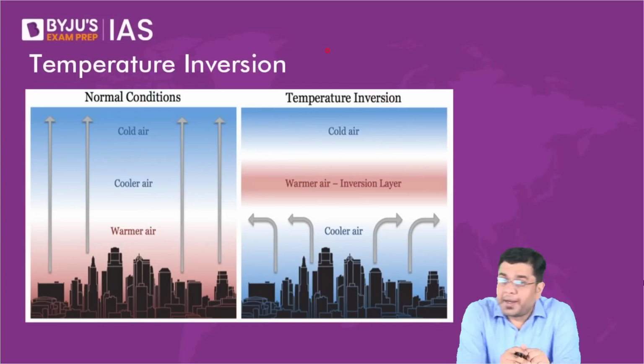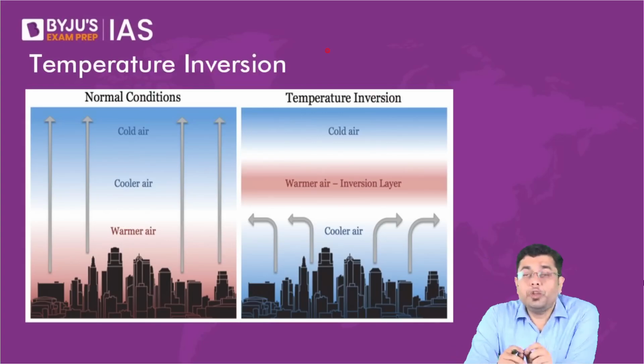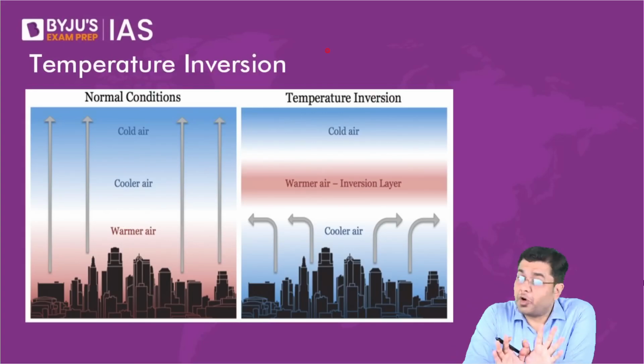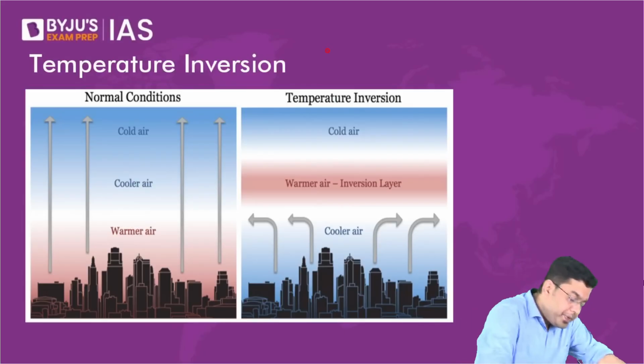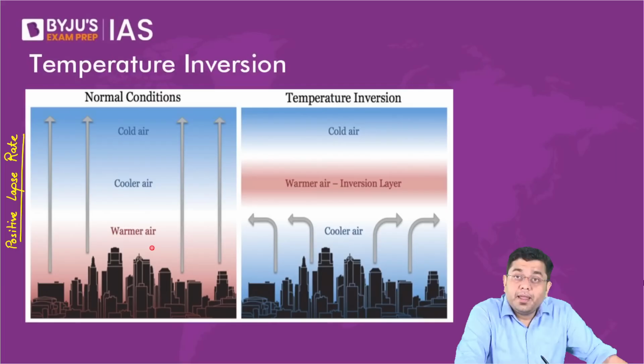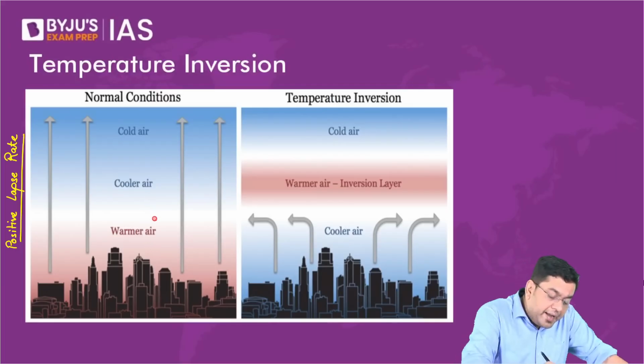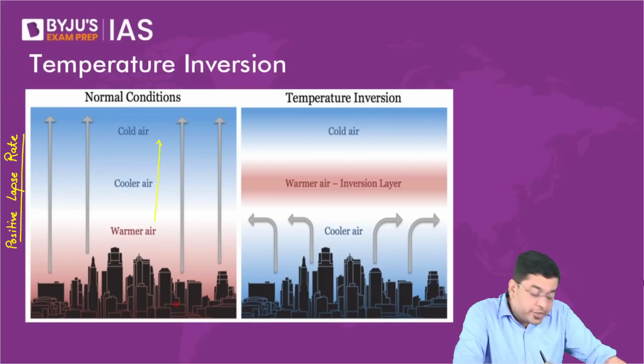Under normal conditions, we do know that in the region of the troposphere, we have a positive lapse rate. So when we have a positive lapse rate, what does that mean? That means as you move higher up, the temperature tends to reduce, isn't it?